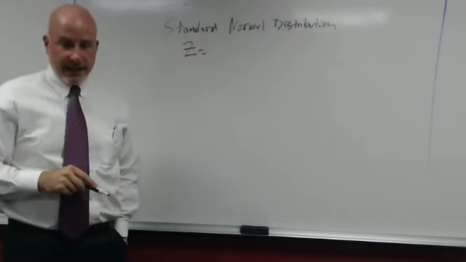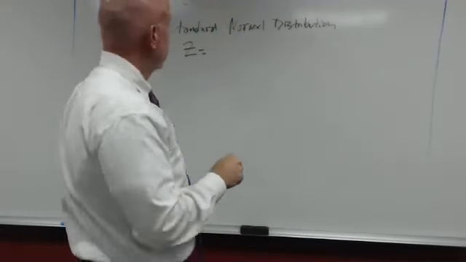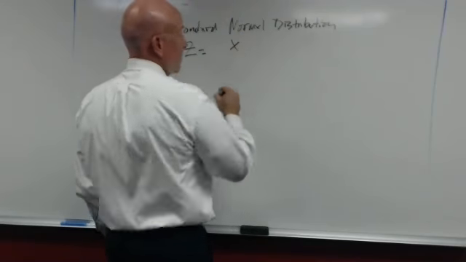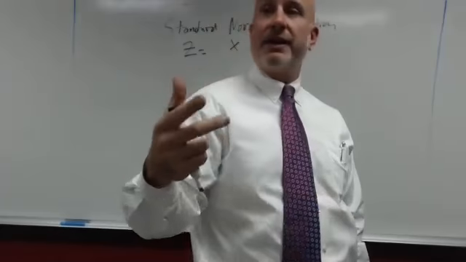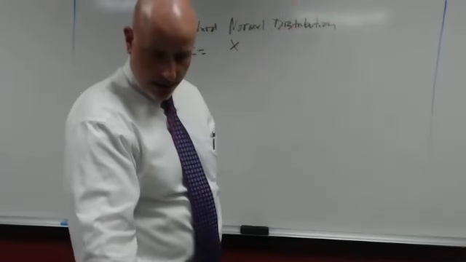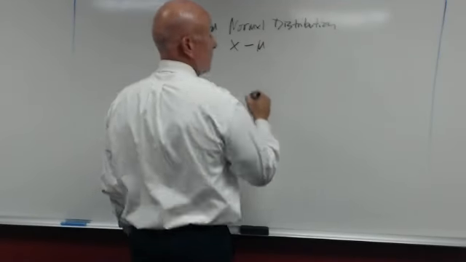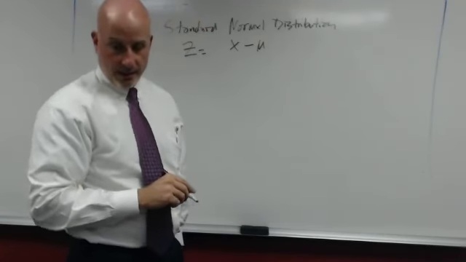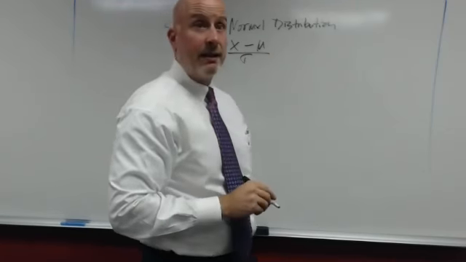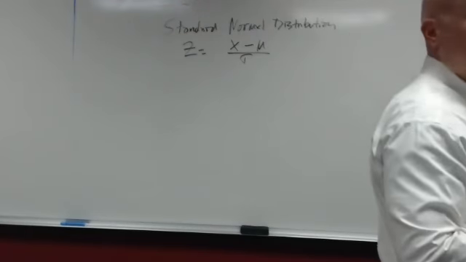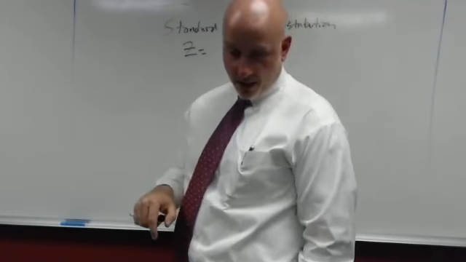And what is the Z value equal to? X, which is your observation value, minus the population mean, divided by the standard deviation of the population.